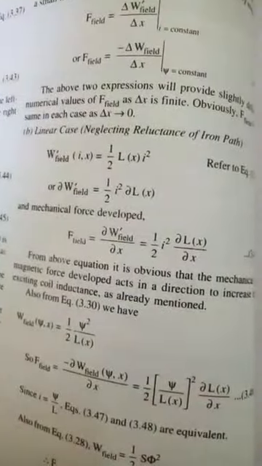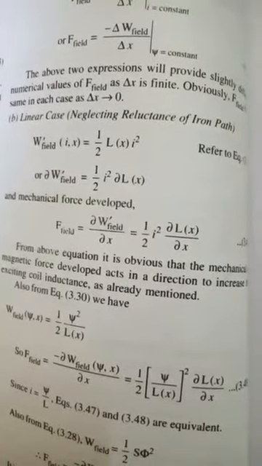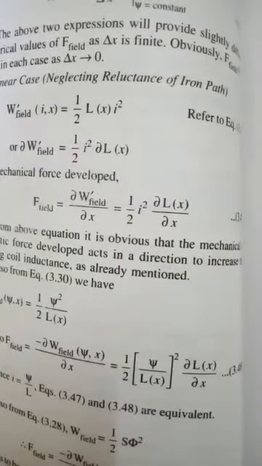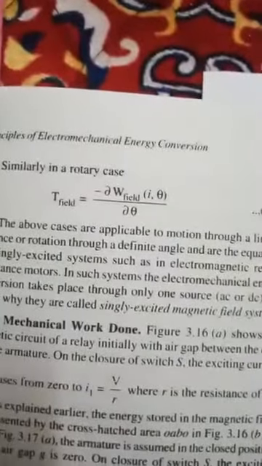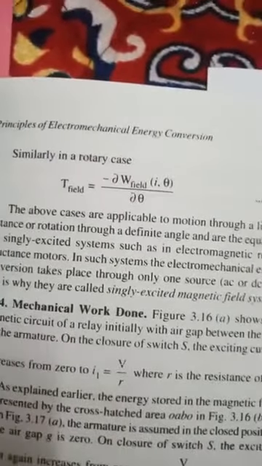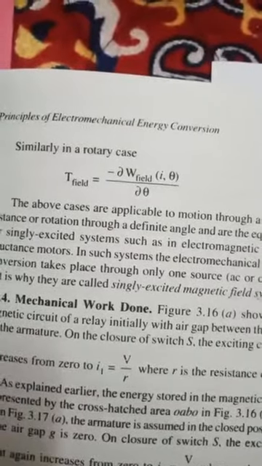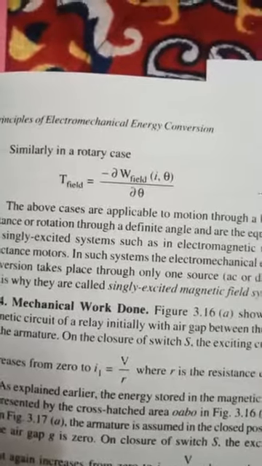W field dash is equal to half L i square, and it is equal to half i square dou L by dou x. So F field is dou W field dash by dou x, that is half i square dou L by dou x. So when we substitute all this, we get the torque is minus dou W field of i theta by dou theta, or phi, you can take the terms as phi x or i theta, anything is same.